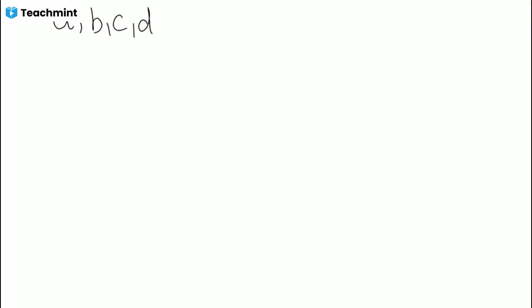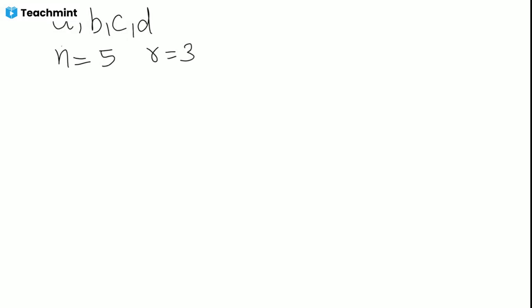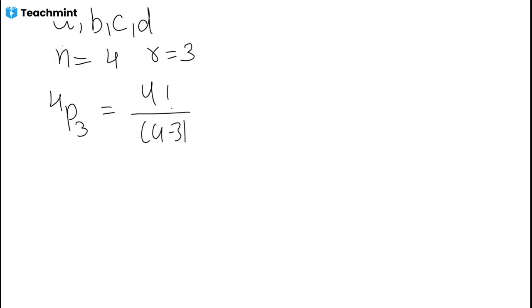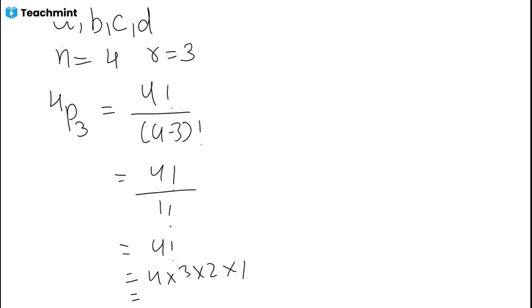First let us find it using 4P3, which is factorial 4 over factorial of 4 minus 3. Factorial 4 over factorial 1, and factorial 1 is only 1. So we have factorial 4, that means 4 into 3 into 2 into 1, which is 24.